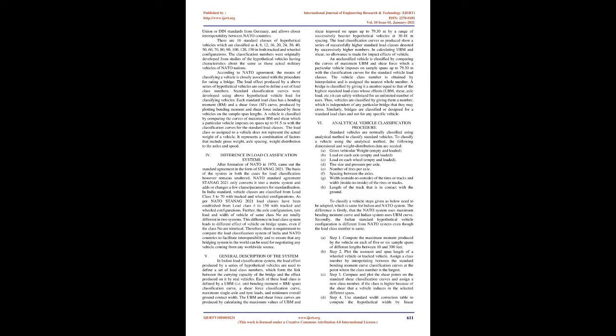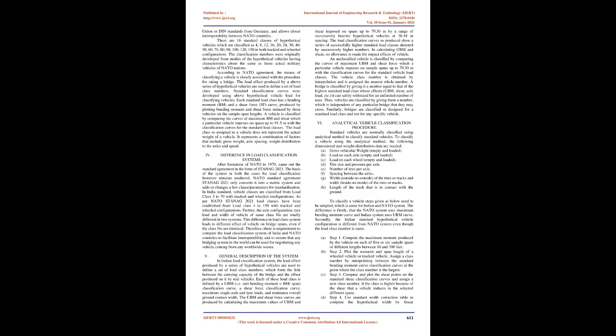Each of these load classes is defined by a UBM, i.e. unit bending moment equals BM/span, classification curve, a shear force classification curve, maximum single axle and tire loads, and minimum overall ground contact width. The UBM and shear force curves are produced by calculating the maximum values of UBM and shear imposed on spans up to 79.30 m by a range of successively heavier hypothetical vehicles at 30.48 m spacing.